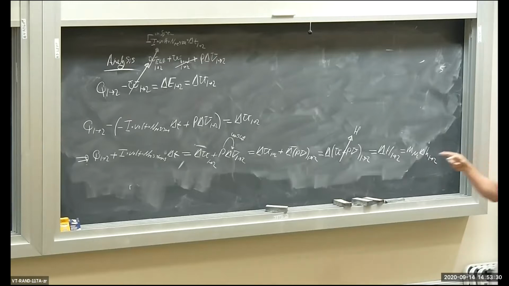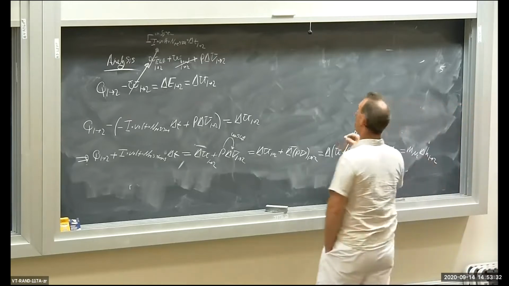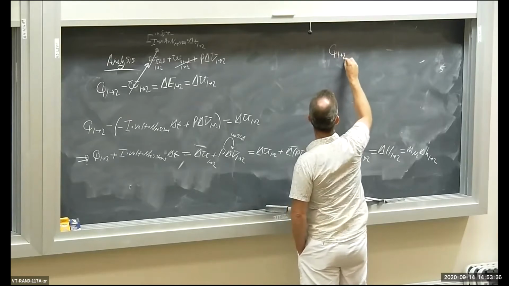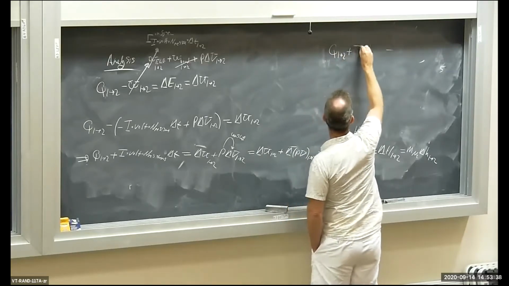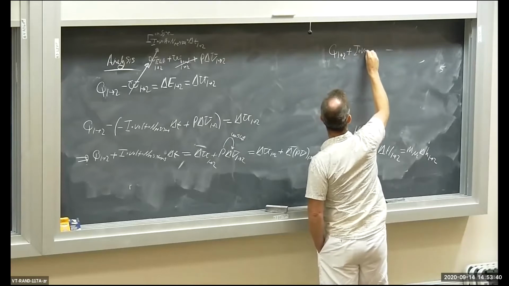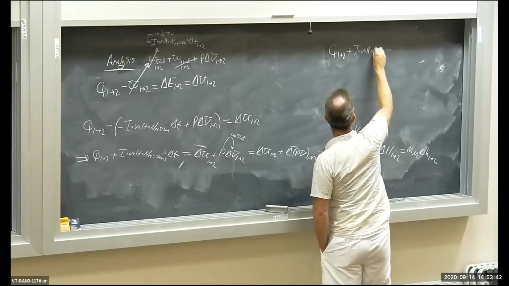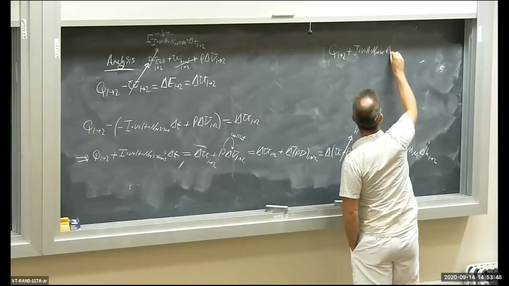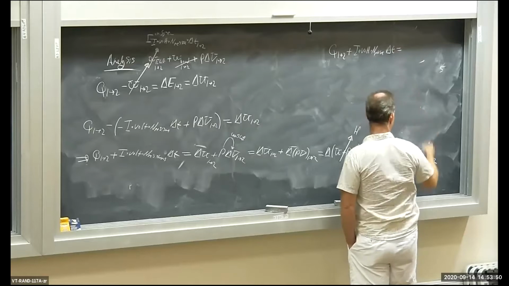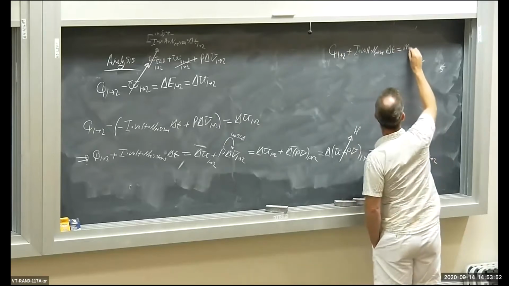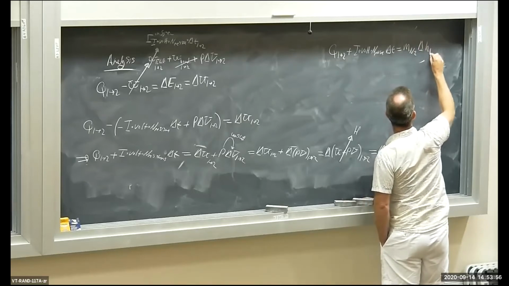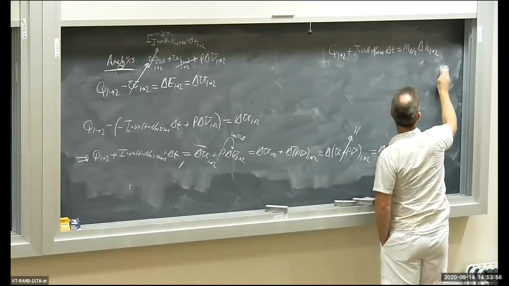Okay, let me rewrite this equation. A lot of stuff going on here, and I'm going to put it right up here in the corner. Q1 to 2 plus I, voltage and resistors, delta T equals mass of the nitrogen times delta h, specific enthalpy from 1 to 2.